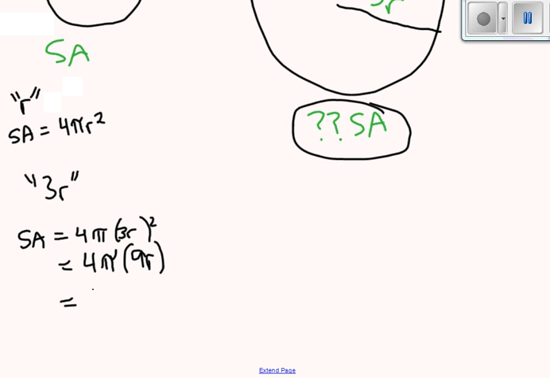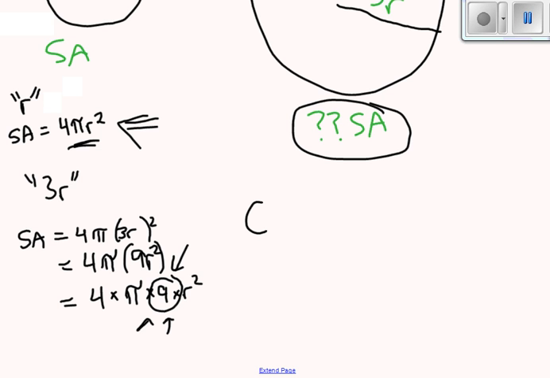And so look what I have, 4 times pi times 9 times r squared. Now compare that to what I had originally. Now, really the only difference between what I have here and what I have here is this multiply by 9. Because the original surface area was 4 pi r squared.